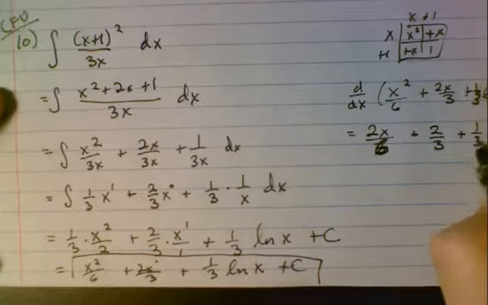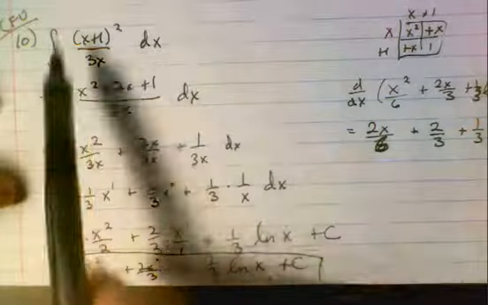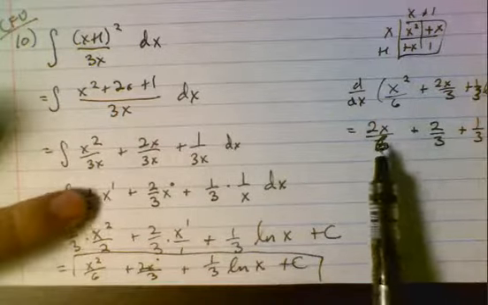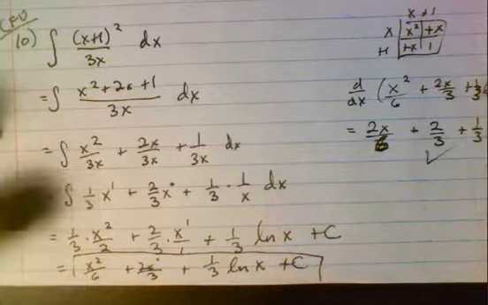And then plus 1/3, the derivative of natural log is 1 over x. So again, we have to make sure we did this right because it doesn't check that for us. But we will see this will simplify to 1/3, 2/3, and that's what we started with.